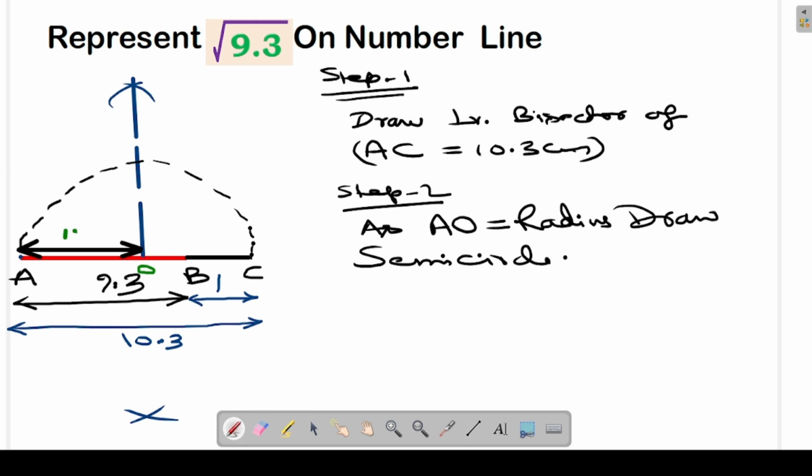The length of AO is 10.3 divided by 2, because 9.3 plus 1 is equal to 10.3. So 10.3 divided by 2 is the radius, equal to AO, and the same length is equal to OC.